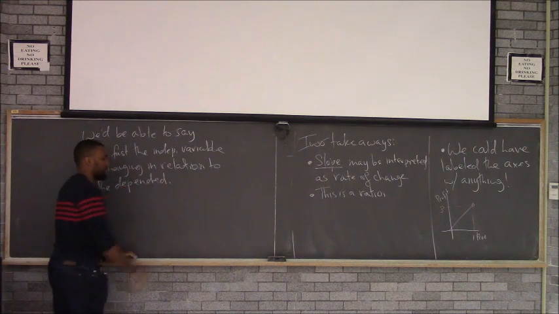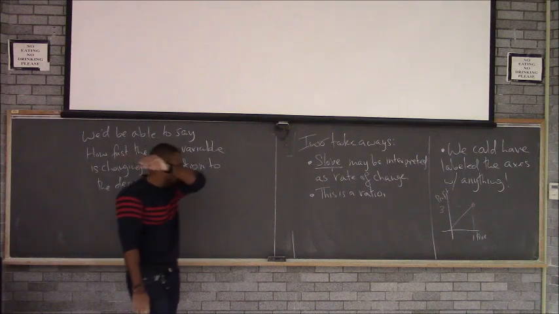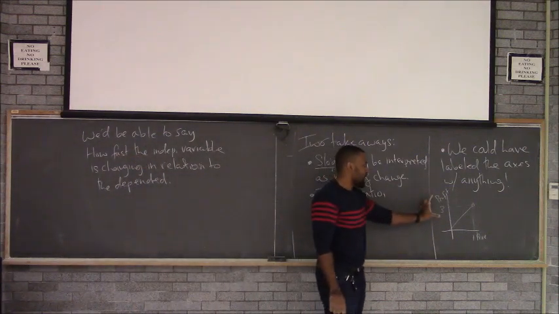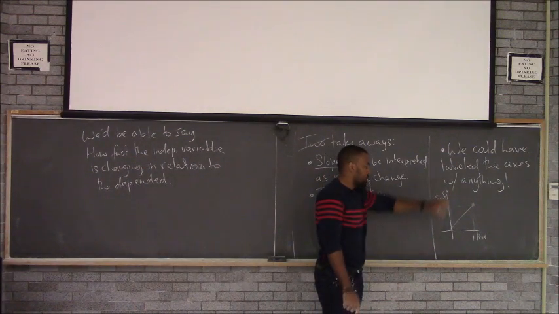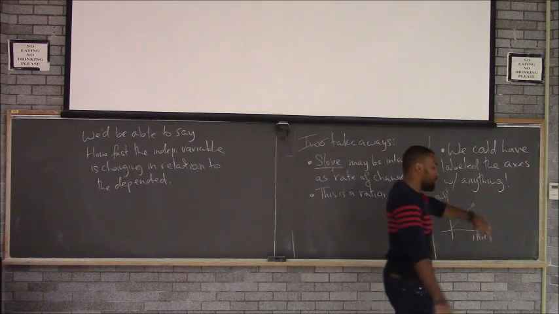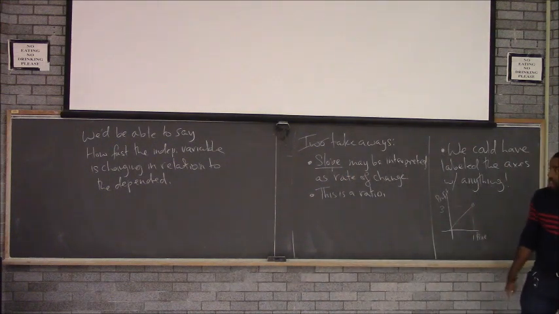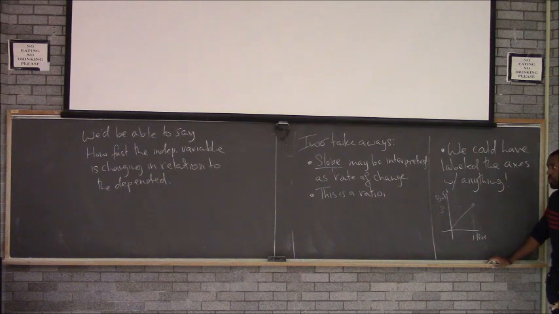When I take the slope of a straight line, I'm taking a ratio of the change in the dependent variable to the change in the independent variable, and I can measure that ratio as a slope.